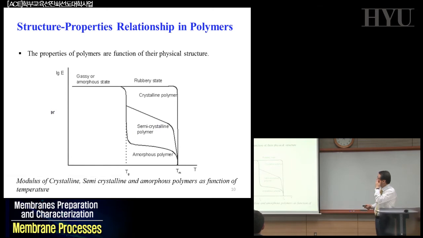Now, Tg can be measured by dynamic mechanical analysis, or you can measure Tg by DSC, differential scanning calorimetry. In terms of the modulus on the y-axis, this is the storage modulus, and the x-axis will be the temperature. Okay? So if you increase the temperature, your modulus will decrease in some different fashion.